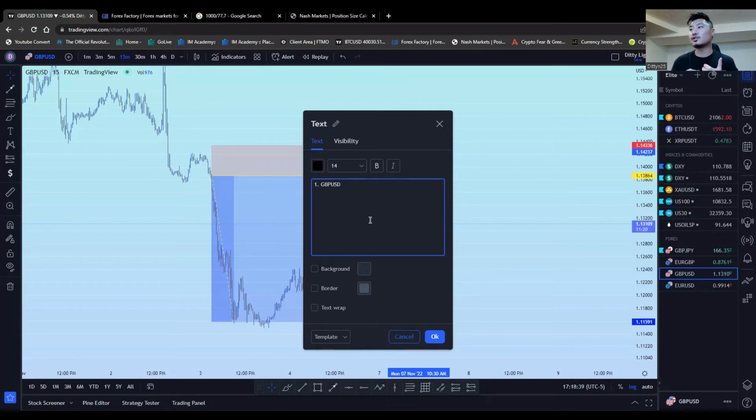So it is a mismatch, and it's not working, right? What you're analyzing on the chart has to be the same when you take the position. So make sure you have the right pair.